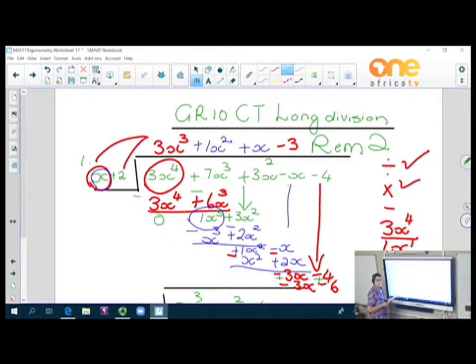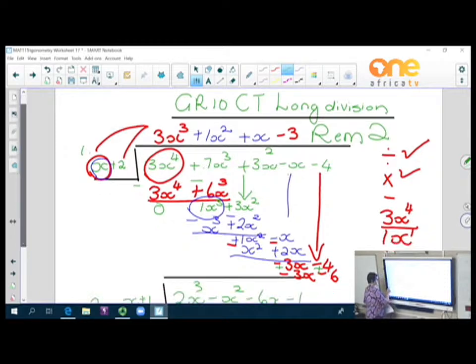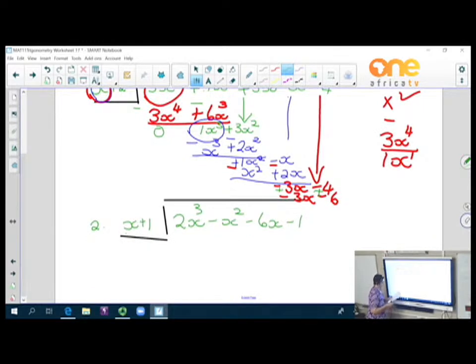So it counted 4 marks. So the moment when there's a mistake, I deduct a mark. Right, the next one is number B, number 2. So this was actually a nice one. So again, my steps: divide, multiply, subtract. That's what I'm going to do. So how many times will x divide into 2x^3? 2x squared times.